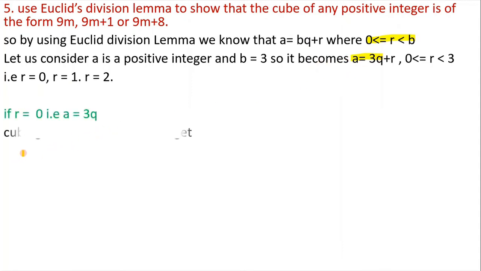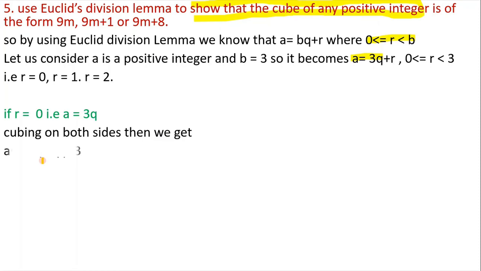Now, cubing on both sides. Why are we cubing on both sides? Because in the question, they want to show that the cube of any positive integer, that is, they were asking about a cube. So, for converting a into a cube, we are cubing on both sides. So, we get a cube equals (3q) whole cube. That implies a cube equals 27q cube.